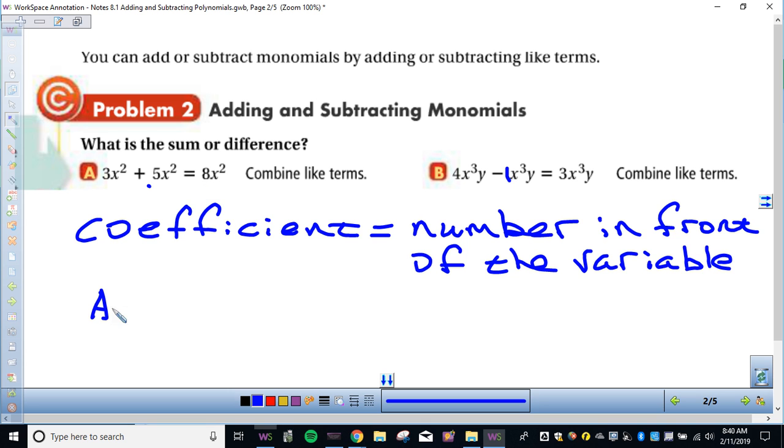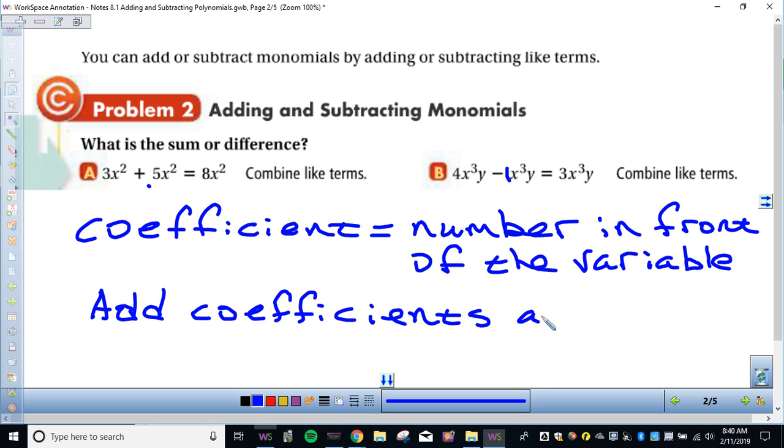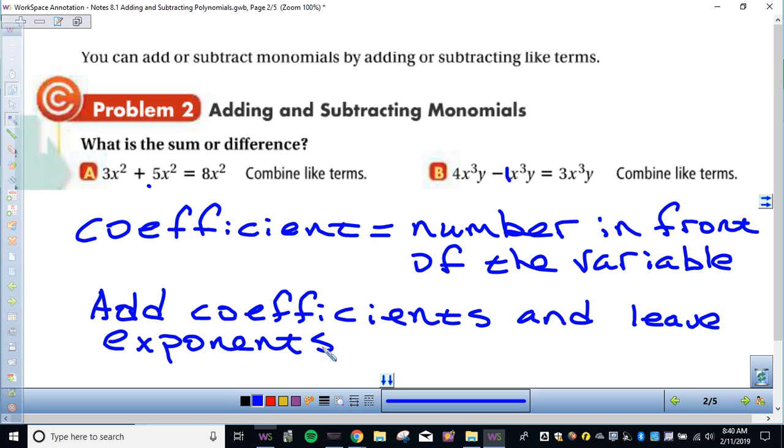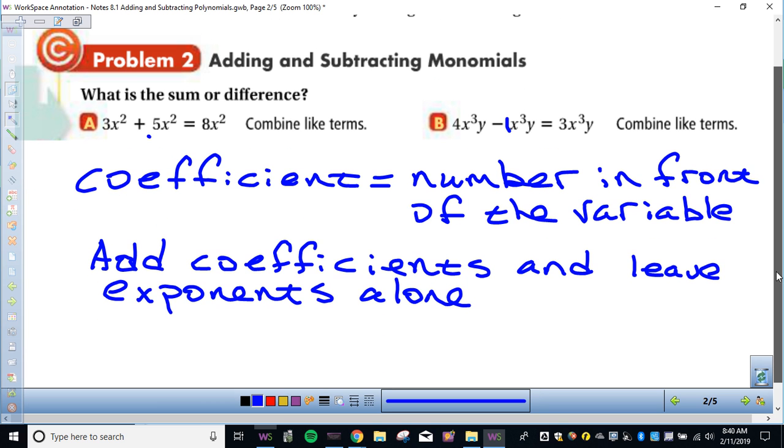So as far as how you do these problems, you want to add coefficients, leave the exponents alone. Right, so when I say leave alone, you're not doing anything. It's still x squared. Right?